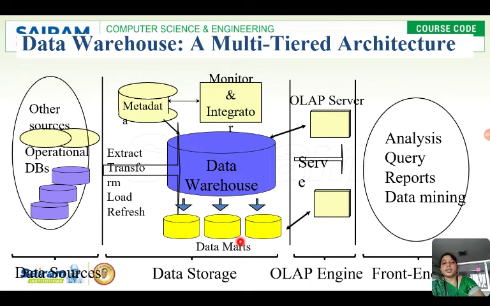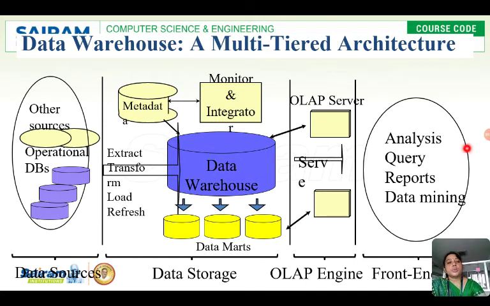And in the third tier, once the data is stored in the data warehouse, it can be used by generating reports in the format in which we need, and we can use it for analysis and decision making.